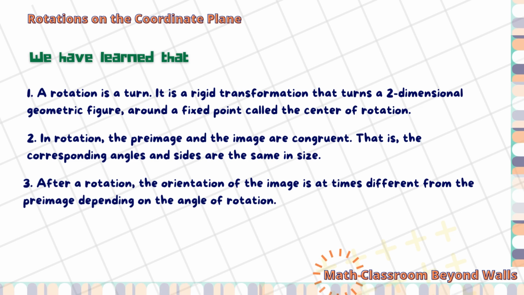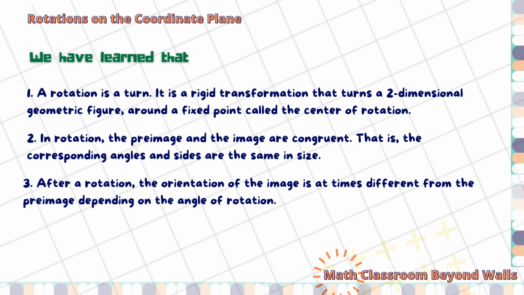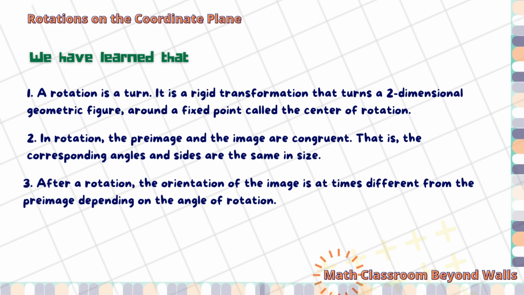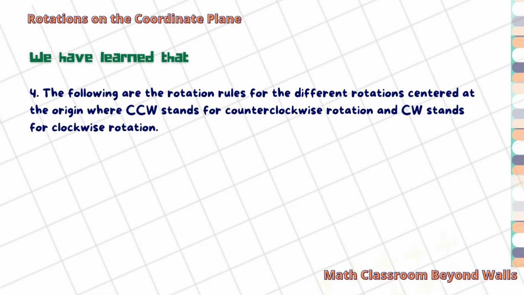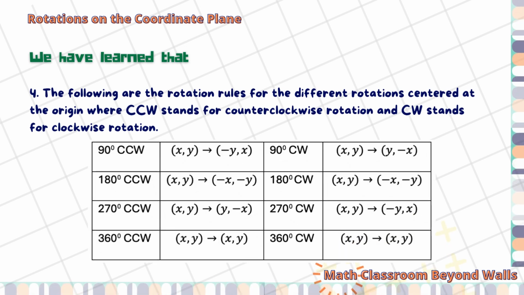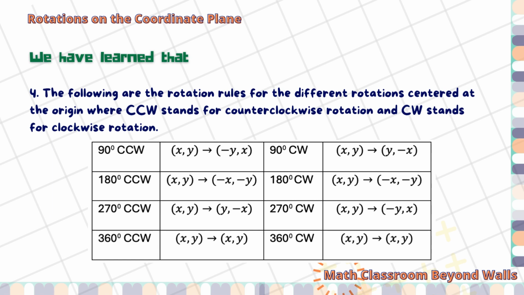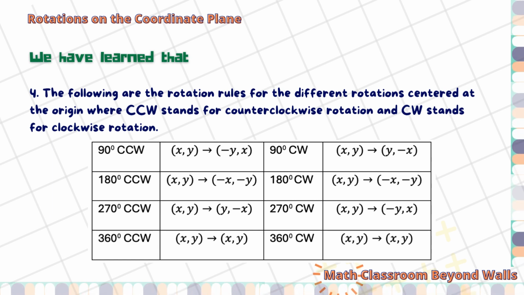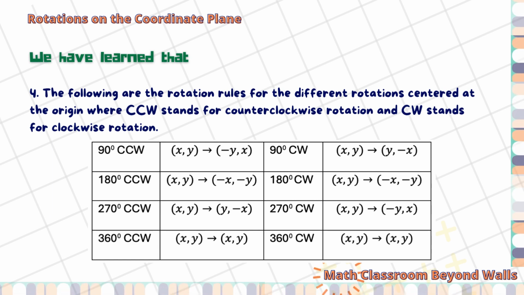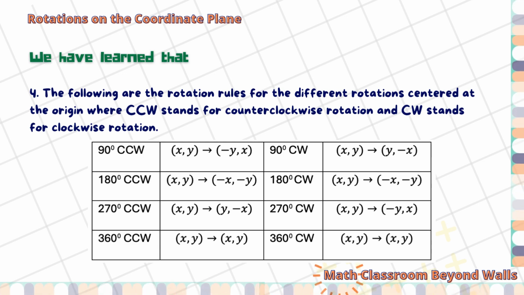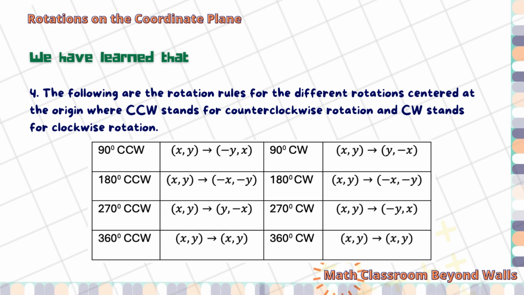Third, after a rotation, the orientation of the image is at times different from the preimage depending on the angle of rotation. Fourth, the following are the rotation rules for the different rotations centered at the origin, where CCW stands for counterclockwise rotation and CW stands for clockwise rotation.